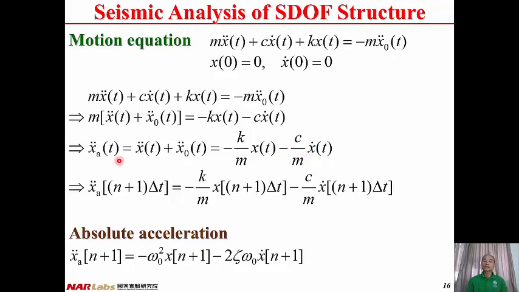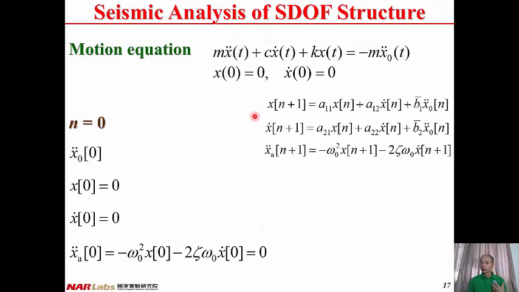If we assign t equal to (n plus 1) delta t, then we can compute the absolute acceleration at step n plus 1 from the relative displacement and relative velocity at step n plus 1. Therefore, xa double dot at step n plus 1 equals minus omega 0 squared times the relative displacement at n plus 1, minus 2 zeta omega 0 times the relative velocity at n plus 1.